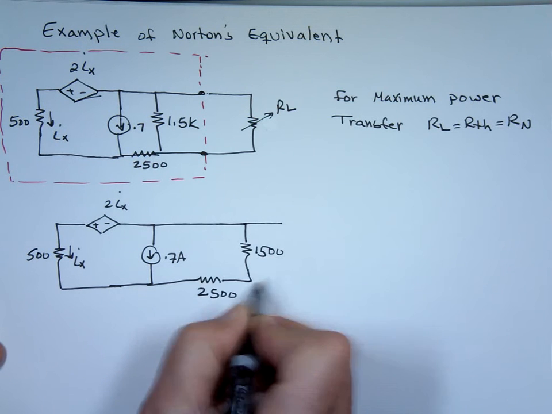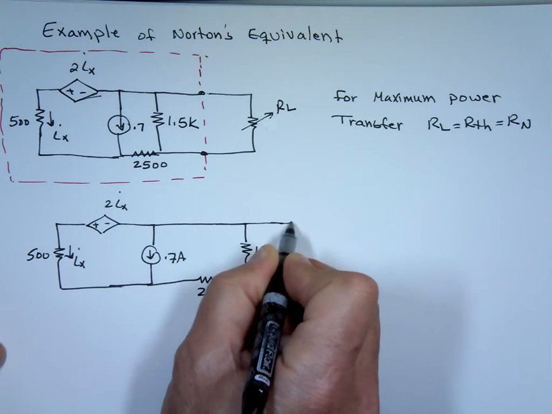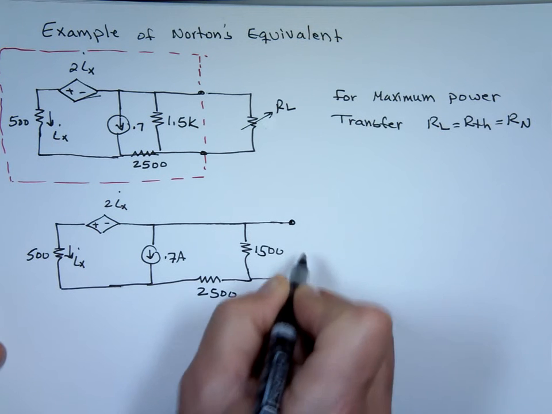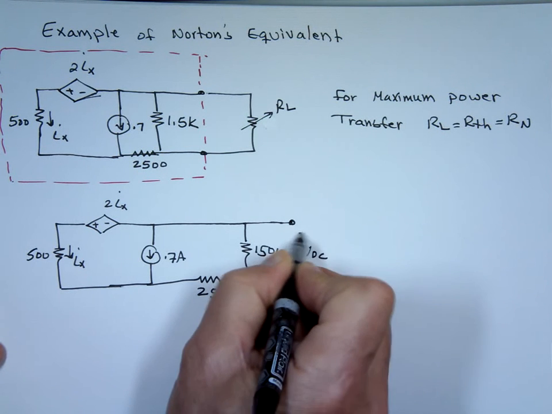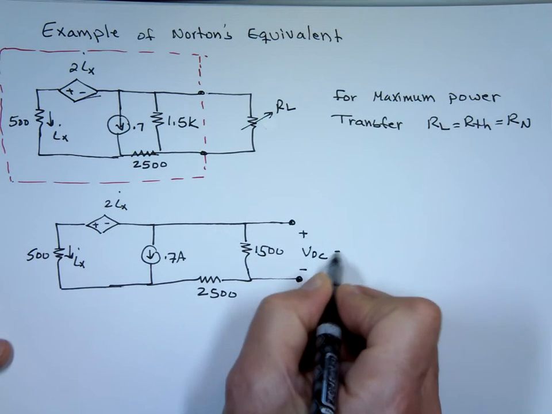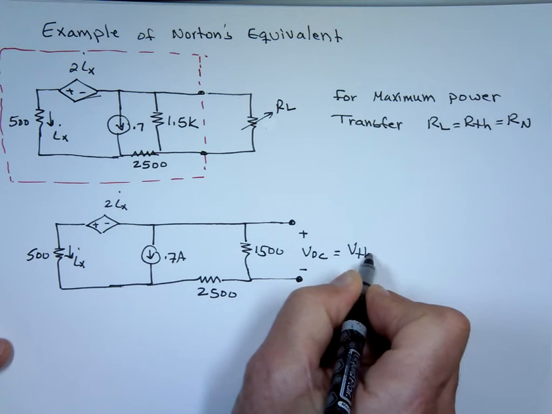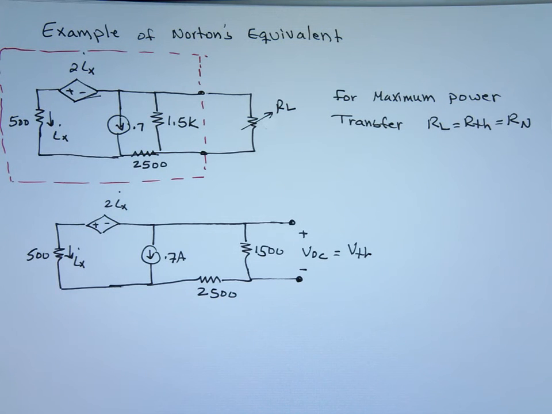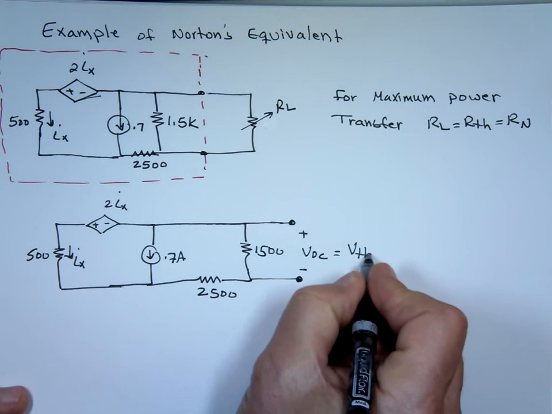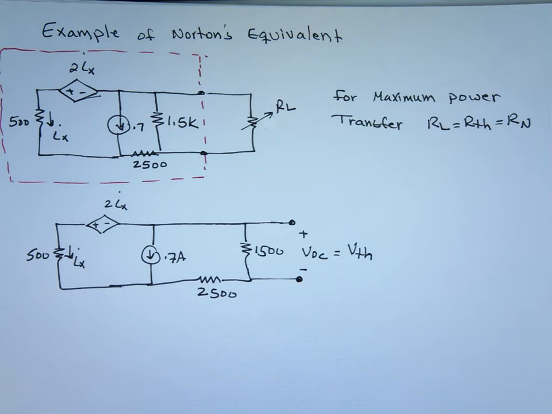And I need V open circuit right there, which is equal to V Thevenin. Oh, we're doing the Norton equivalent, I'm sorry. We're doing Norton equivalent, right? I still need that anyway. Why? Because R Norton is V open circuit over I short circuit. So it doesn't matter if I do I Norton first or this one first, so I'll stay with that one.